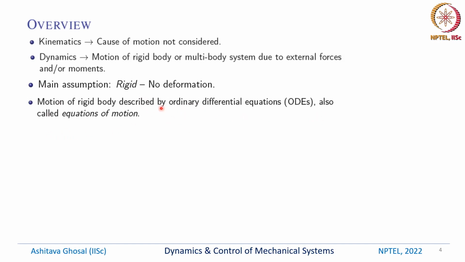So if you have a rigid body, we will naturally get ordinary differential equations. If you have deformations in the body, we do not get ordinary differential equations of motion. We will have partial differential equations. So we will not worry about partial differential equations. We will only limit our scope to rigid bodies which naturally give only ordinary differential equations.